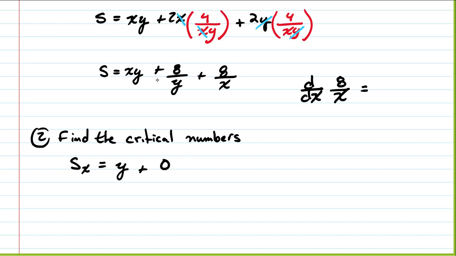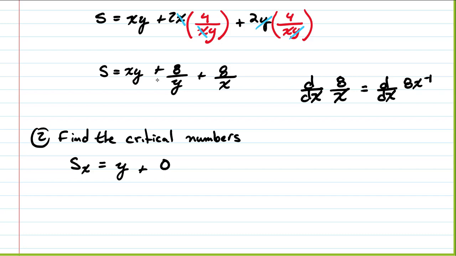So remember, the technique that we use is we move our x variable from the denominator into the numerator by making the exponent negative, and then we can use our power rule that we've been using for polynomials. And the power rule says we do what? We bring the number out in front and we subtract 1.